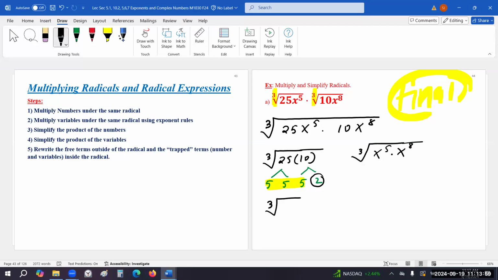One is cube root with 5 three times. And the other one is cube root with this single 2. It has no friends. It's alone. So we keep this alone inside the radical and combine these 3 inside one radical.